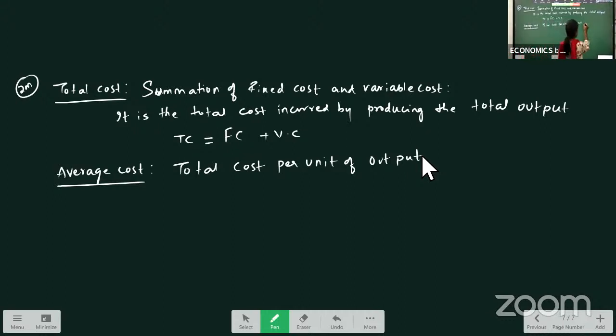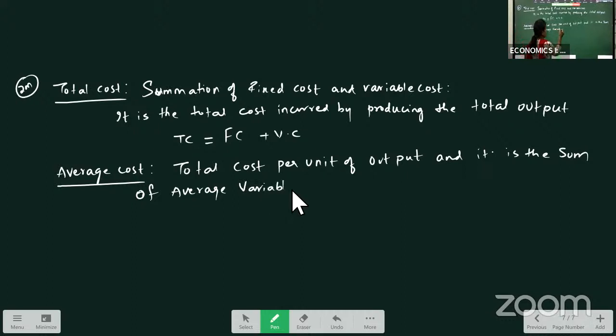Total cost per unit of output, and it is the sum of average variable cost and average fixed cost.